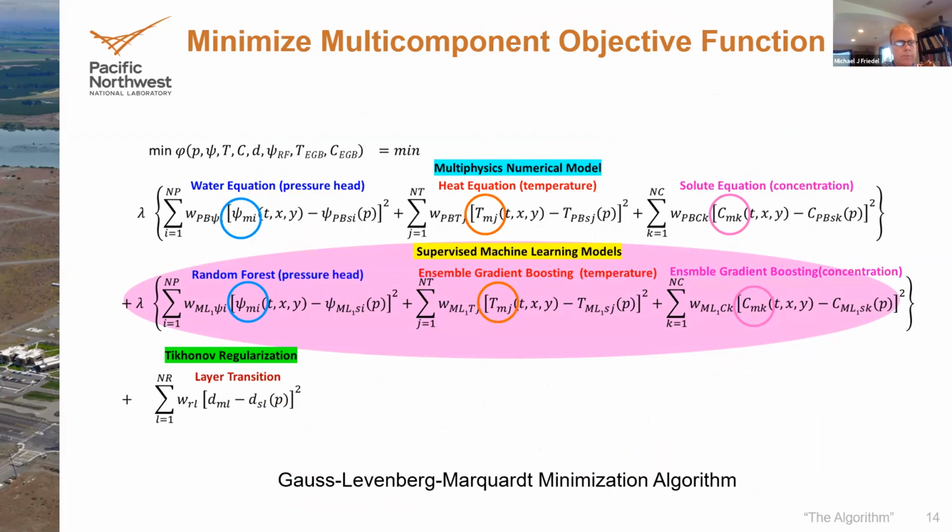Notice here in the second component that the random forest is used to predict the pressure head, whereas the ensemble gradient boosting is used to predict the temperature and concentration. Lastly, this multi-component objective function includes a smoothing constraint, a traditional Tikhonov regularization.